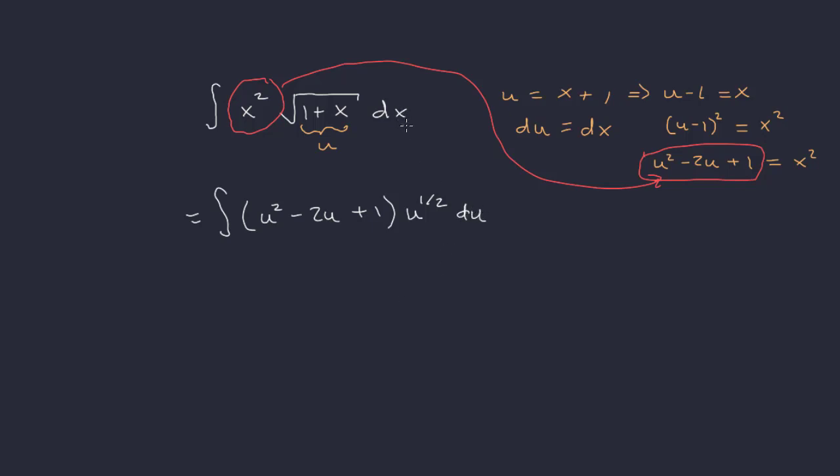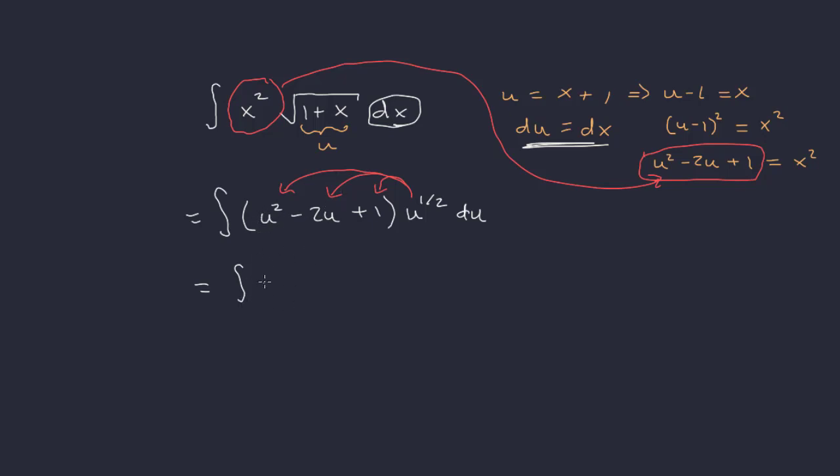Then, of course, a du, because your dx just becomes du. Okay? Now, this might look worse, all right? But actually, what we've done is we've created a situation where we can just distribute this u to the 1/2 across, and get an integral just in terms of u's, such that we can just use our normal power rule, right? We've reduced it down to just being a power rule.